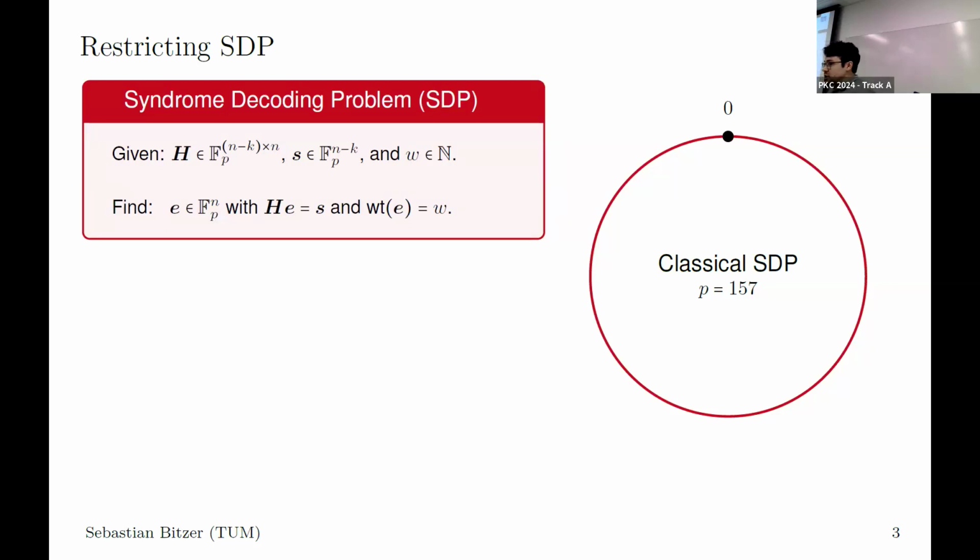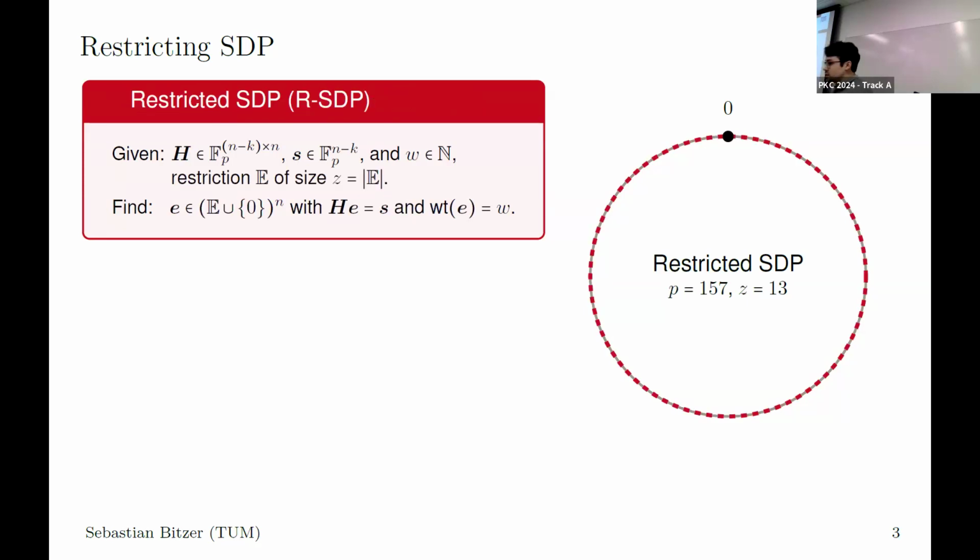Now, a little more attention is paid to the error values when we're considering the restricted variant, to which we refer as RSDP. In this generalization of SDP, one is further given a restriction, which is a set of size z, and I'll denote this by E. Now, this restriction is used in the following way.